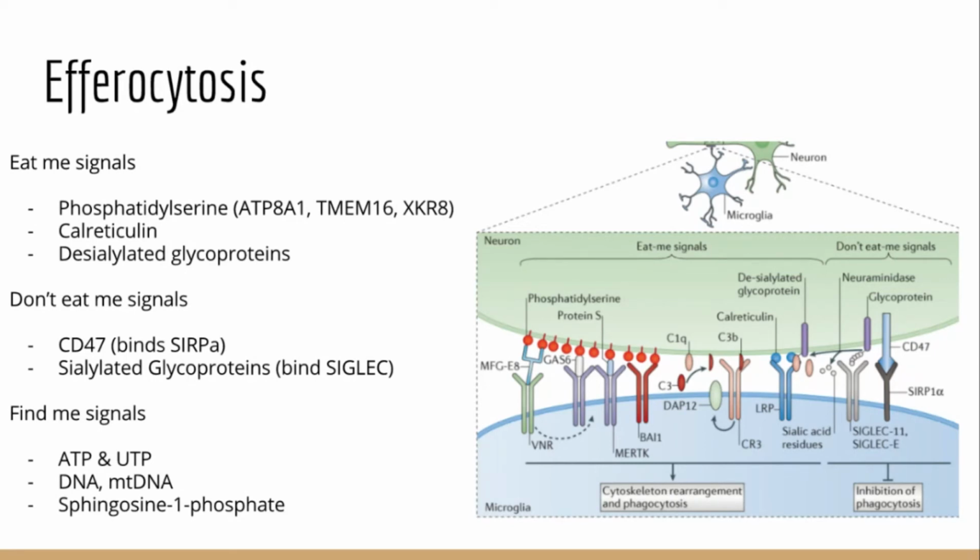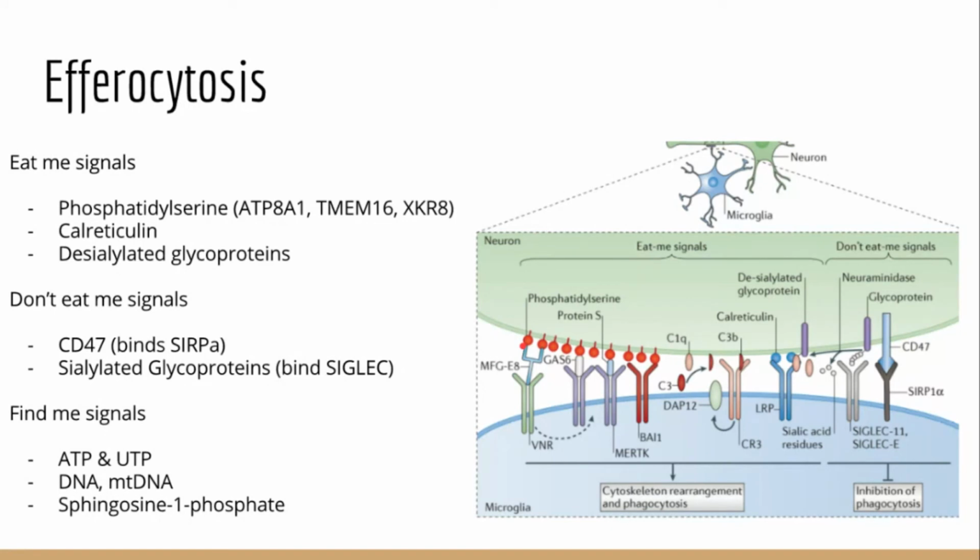But once it does get to the outer membrane, it becomes a receptor for various eat-me proteins. Basically, the microglia release a protein called MFGE8 right here, and GAS6. GAS6 and MFGE8 diffuse through the cellular environment looking for exposed phosphatidylserine on the outer membrane of cells like neurons.